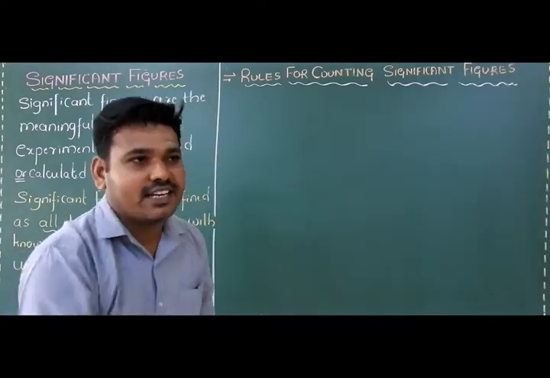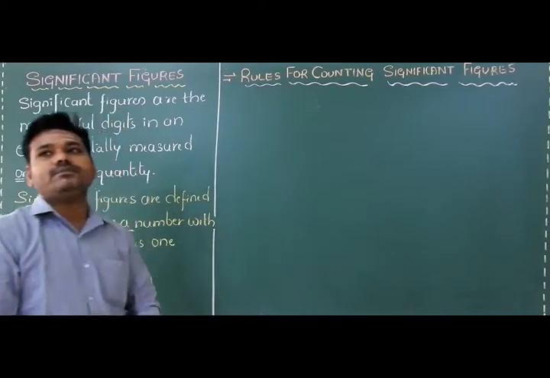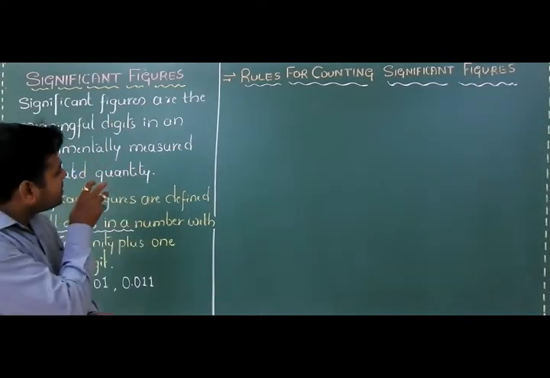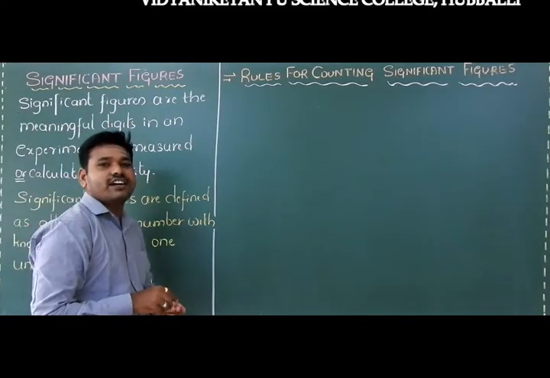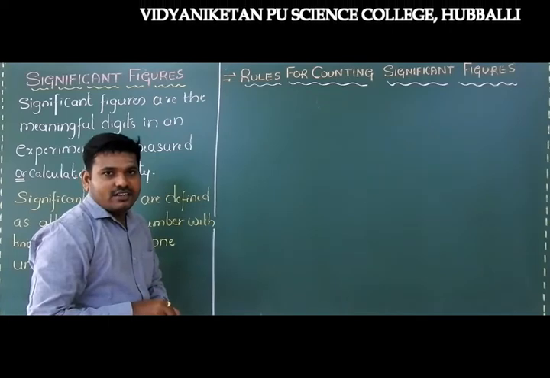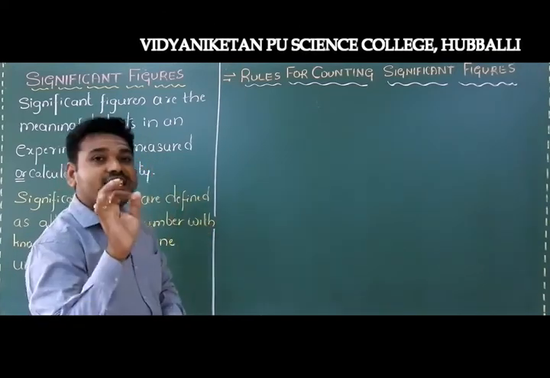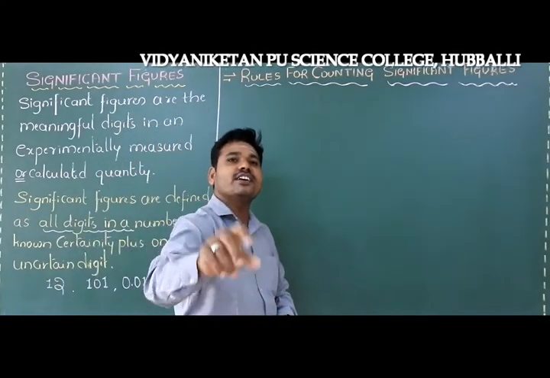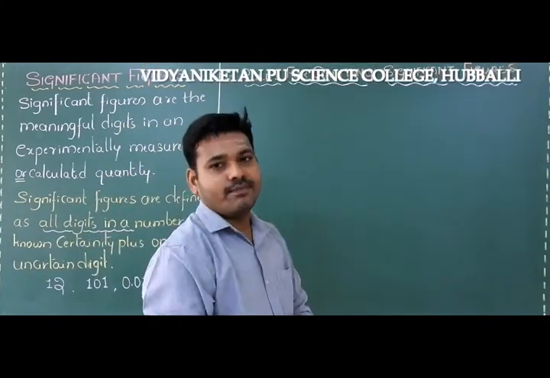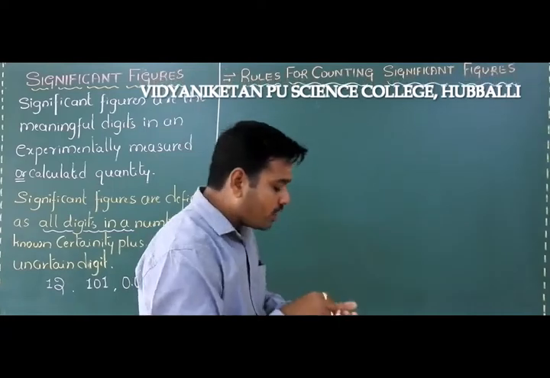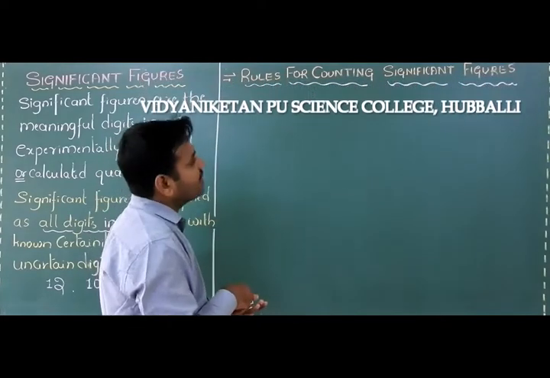That itself we call the significant figure part. And now with the help of this definition of significant figures, let us discuss the rules for counting the number of significant figures in a given number, students.